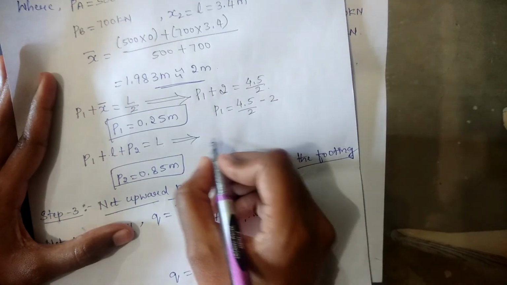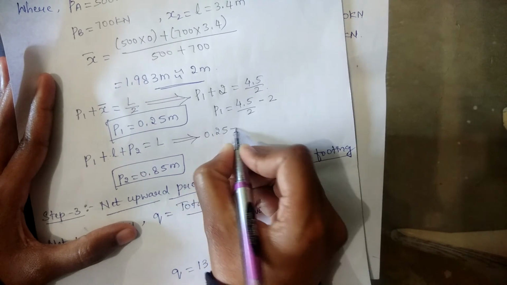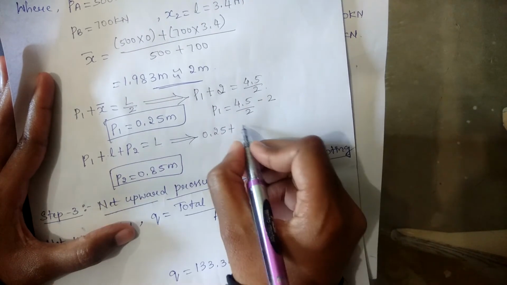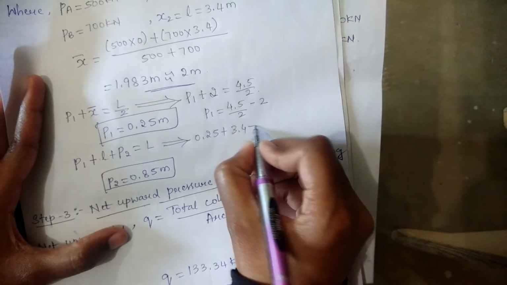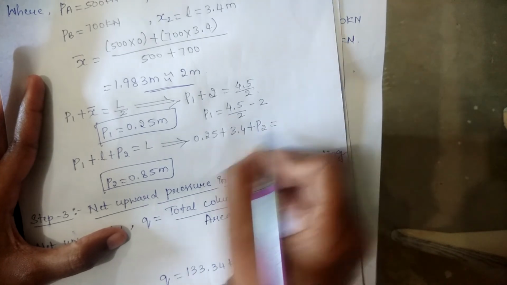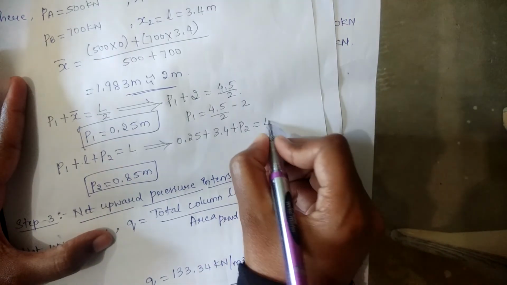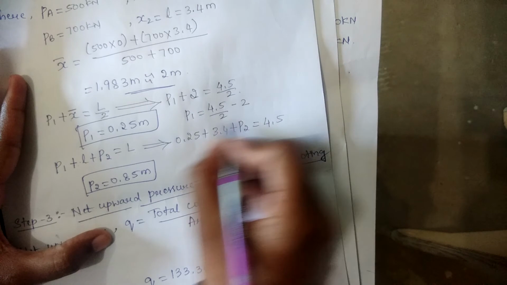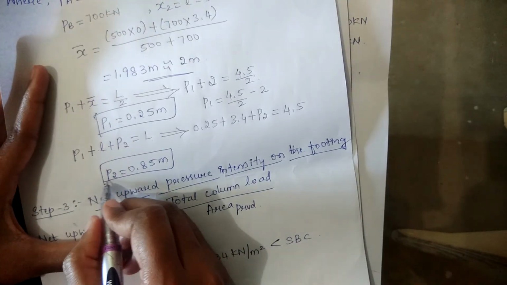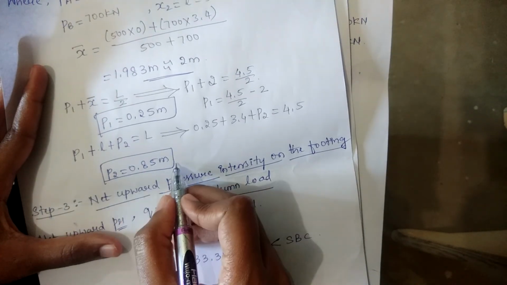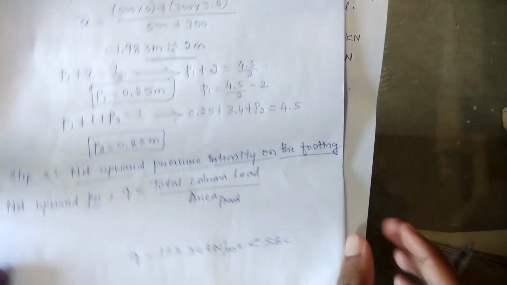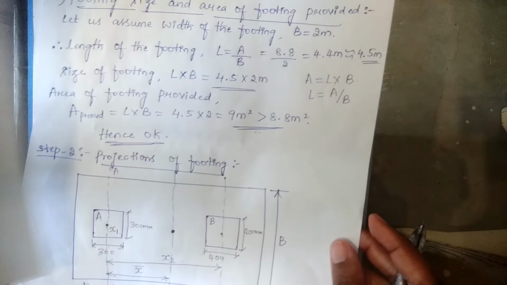The value of P1 we have got is 0.25, l is 3.4. You don't know the value of P2, as P2 is unknown here, and the value of capital L is 4.5. You simplify this. On simplifying this, you will be getting the value of P2 as 0.85 meter. So this completes the projection of the footing.